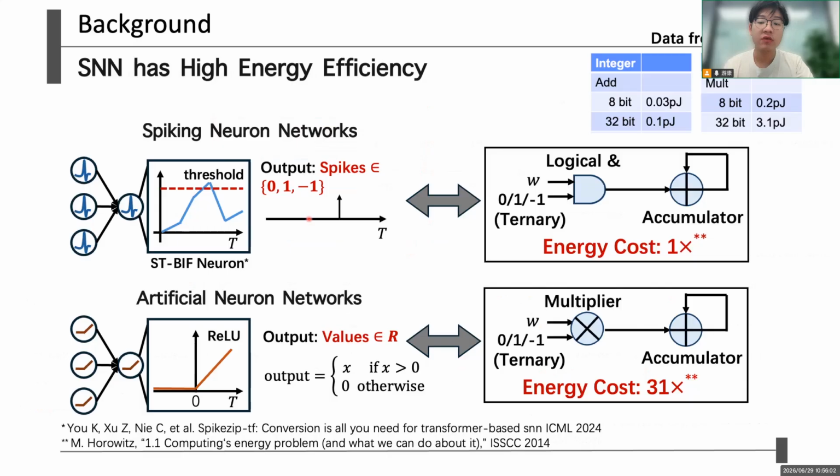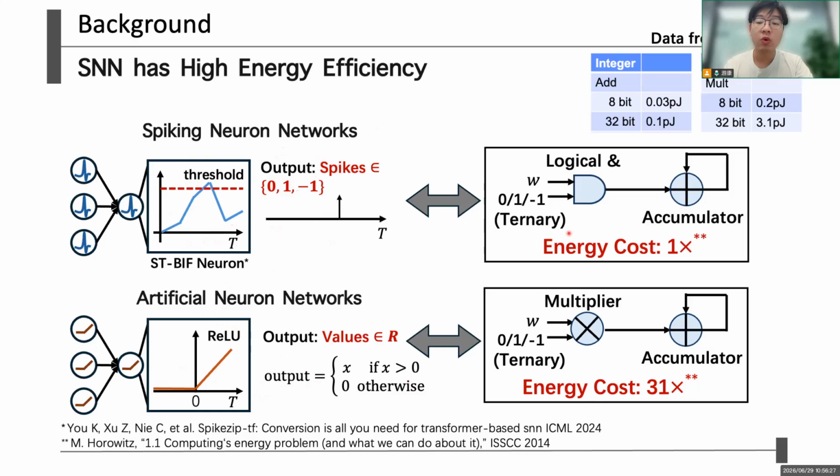The most attractive feature of SNNs is their exceptional energy efficiency, as illustrated in the left two figures. Different from conventional artificial neural networks, SNN transmits information using binary or ternary spike events instead of continuous-valued activations in ANN.